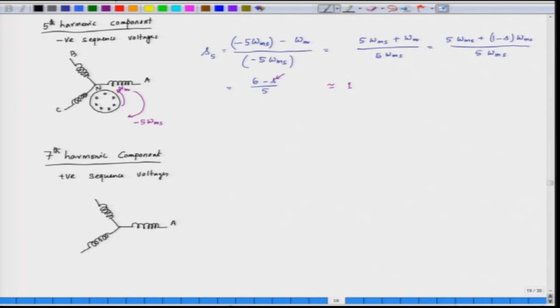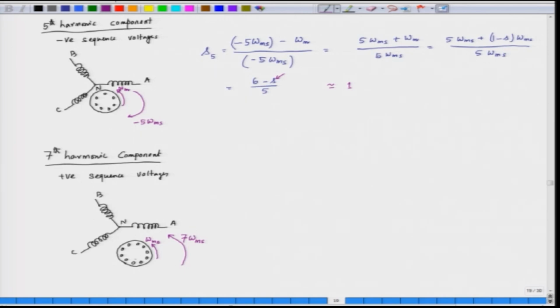We have phase A, phase B, phase C and the neutral here, and we have the rotor, which has short circuited bars in a squirrel cage structure. The seventh harmonic rotates from A to B to C. This is the rotation of the seventh harmonic field. The stator field will rotate at 7 into omega ms, and the rotor usually rotates in the same direction because of the positive sequence fundamental component.